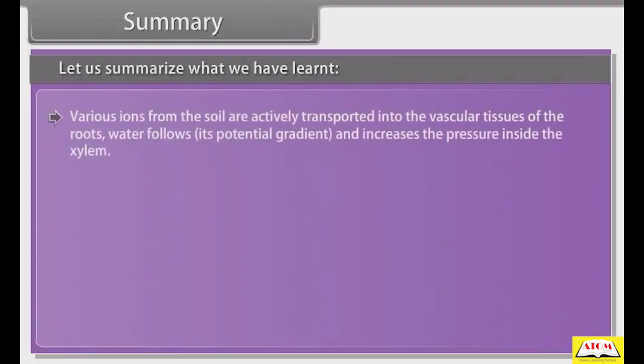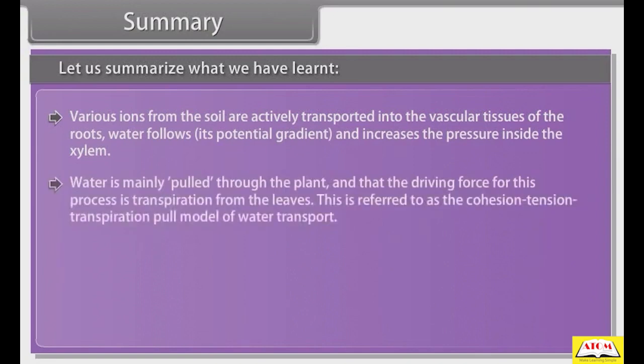Various ions from the soil are actively transported into the vascular tissues of the roots. Water follows its potential gradient and increases the pressure inside the xylem. Water is mainly pulled through the plant, and the driving force for this process is transpiration from the leaves.